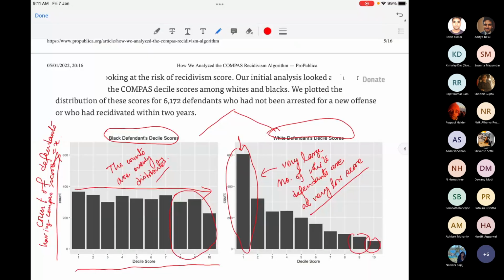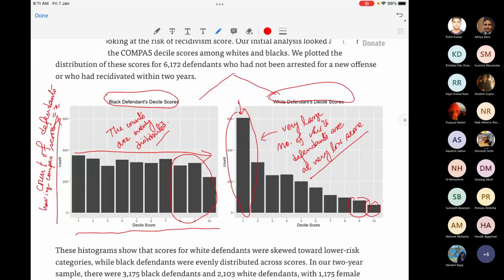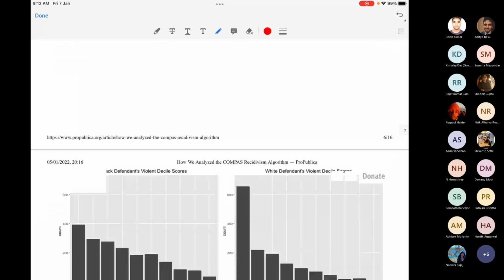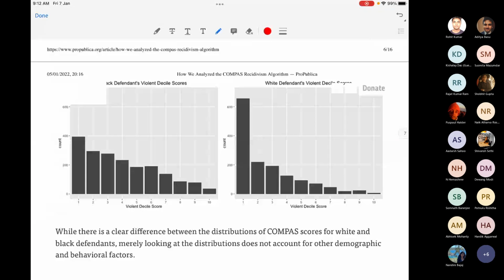Okay, so this was the takeaway from the first plot. Similarly, they looked into the data corresponding to violent recidivism.